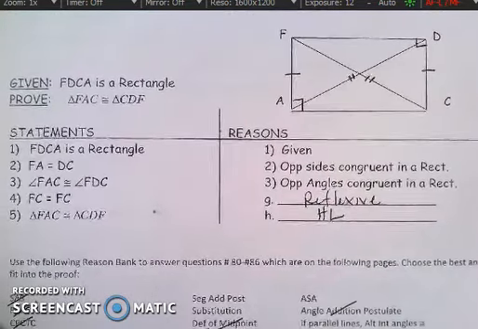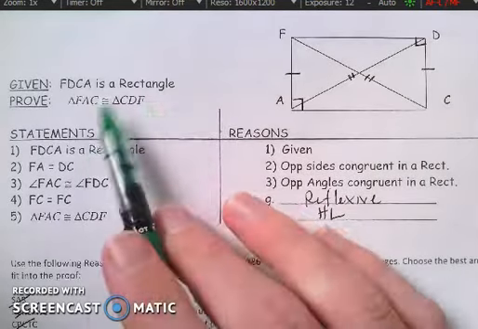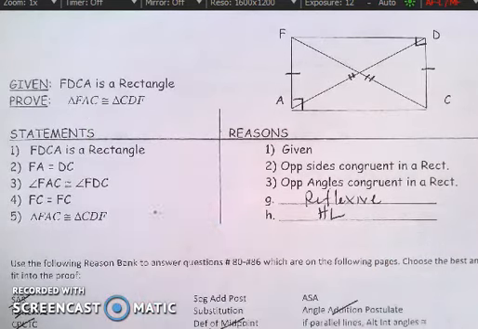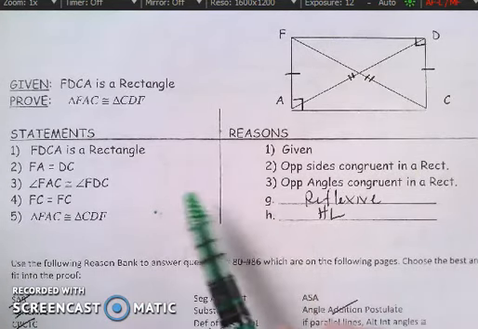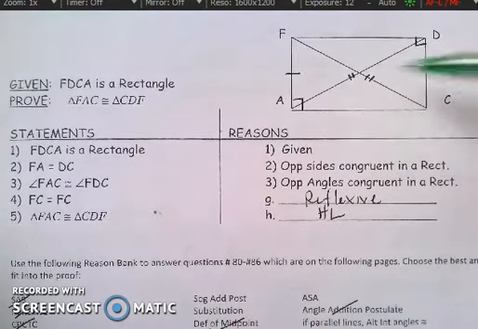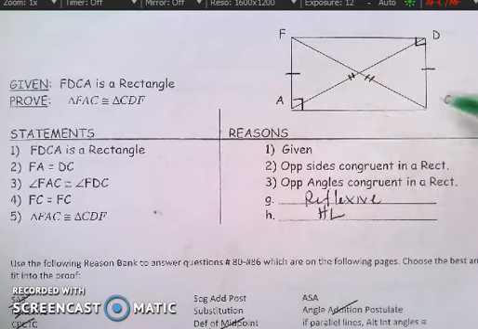Okay. And then here we go. We have a rectangle. We're trying to prove triangle FAC is congruent to triangle CDF. Basically, FA is equal to DC, that's marked. And then angle FAC is equal to angle FDC.